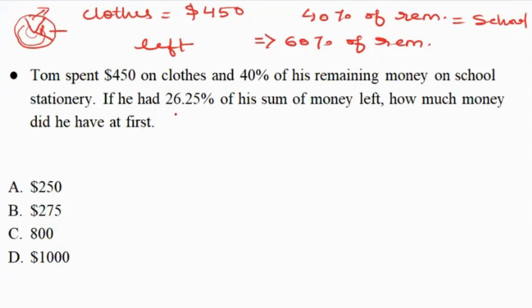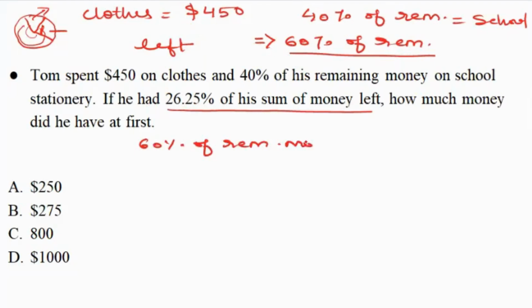Now, he had 26.25% of his sum of money left. According to our logic, the leftover money should be 60% of the remaining. And that 60% of the remaining is equal to 26.25% of the whole sum. Understood? So we can say the 60% of the remaining money is equal to 26.25% of the whole sum.